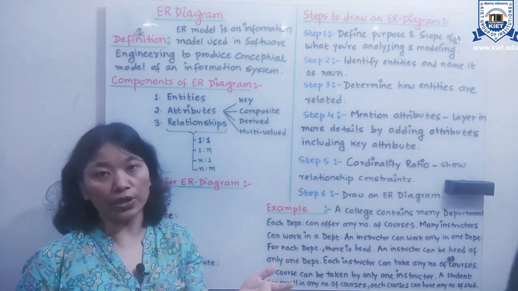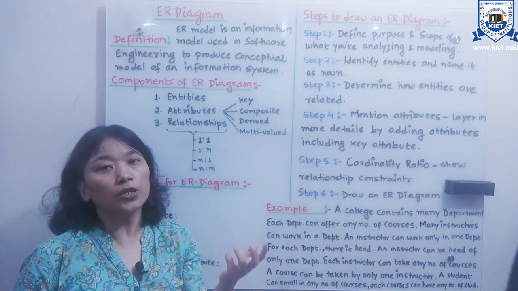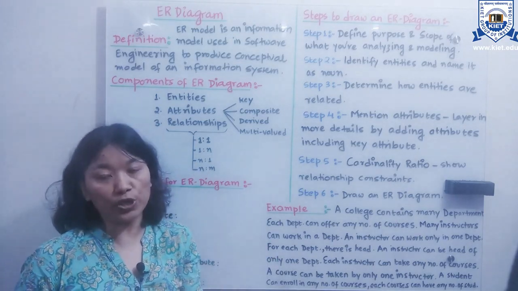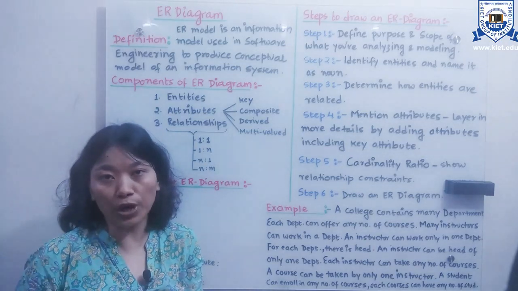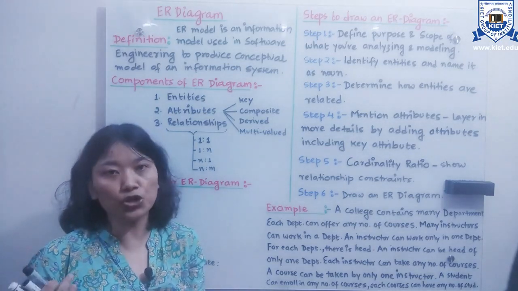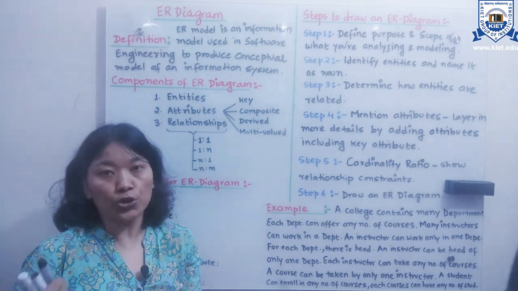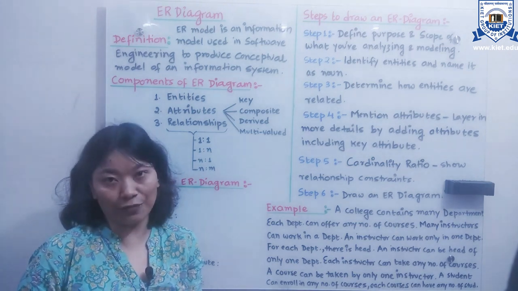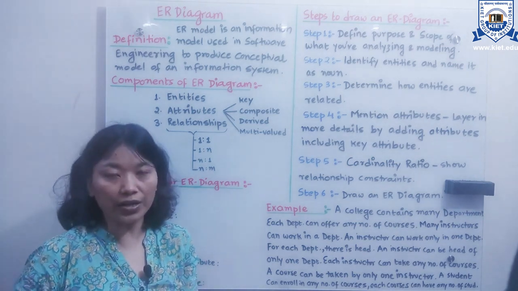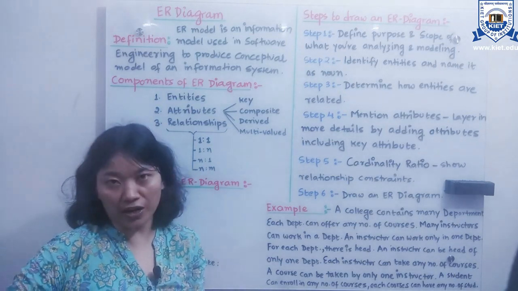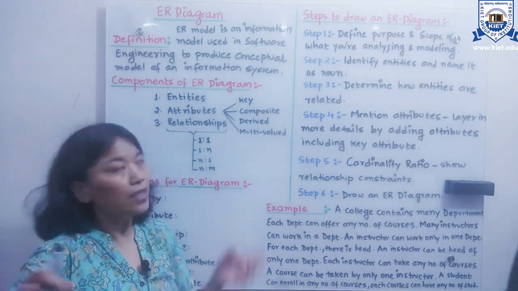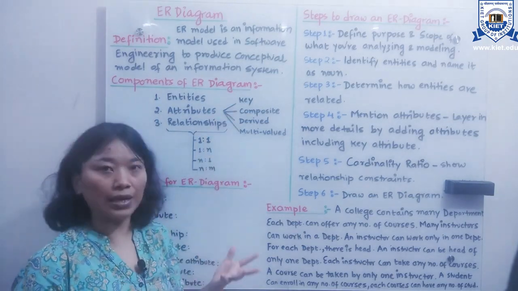For example, the student's roll number usually identifies the student. If I use the roll number, I can fetch all the data of the student. So roll number uniquely identifies the student, and any property which uniquely identifies the entity set is called the key attribute.